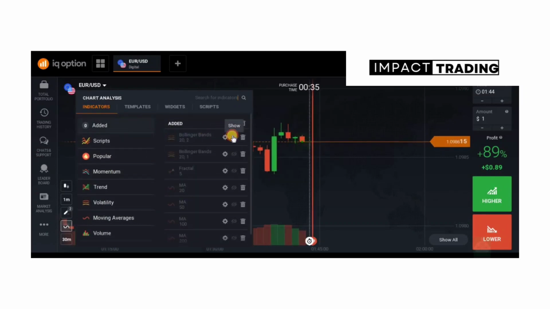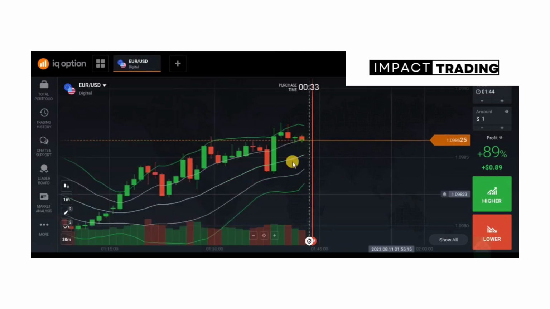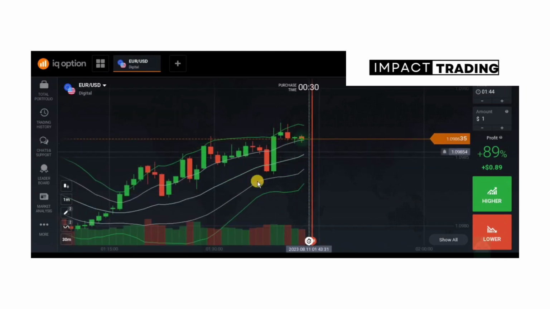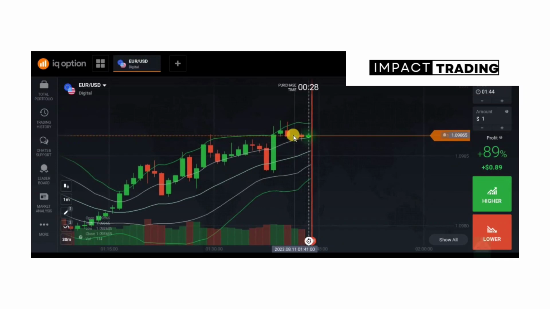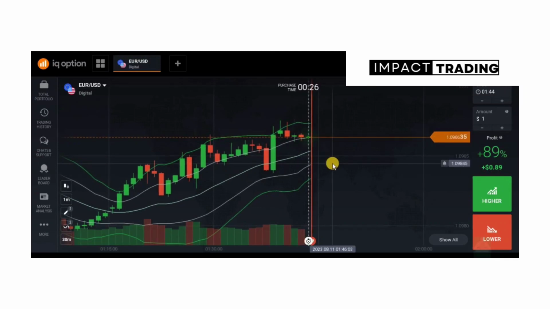We have the Bollinger Band as our volatility indicator. So let's see what's happening in these markets.